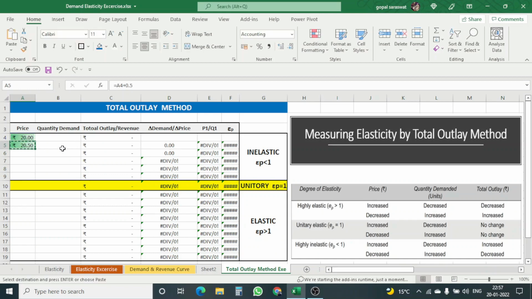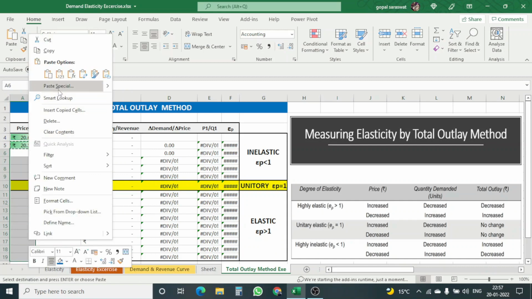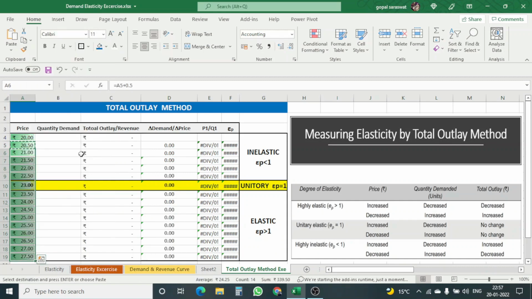If I copy and paste this formula, I will get the series. Here you can see that initially my price is 20, then it becomes 20 rupees 50 paise. Similarly, it increases and goes up to 27 rupees 50 paise.